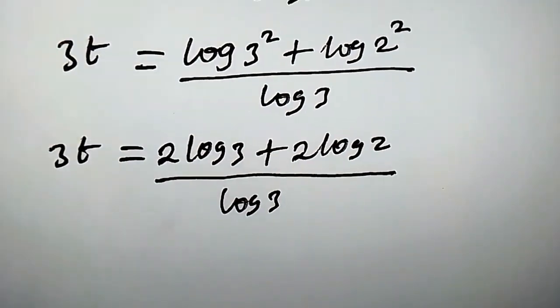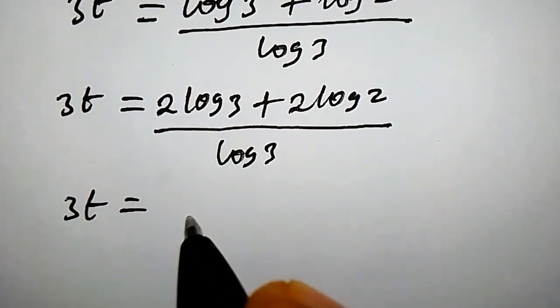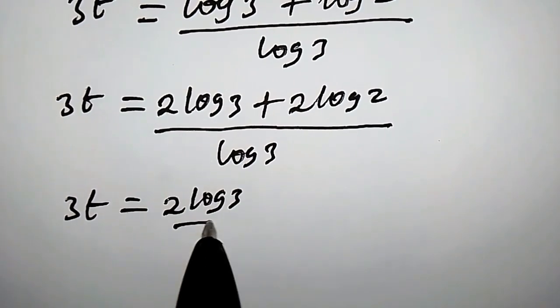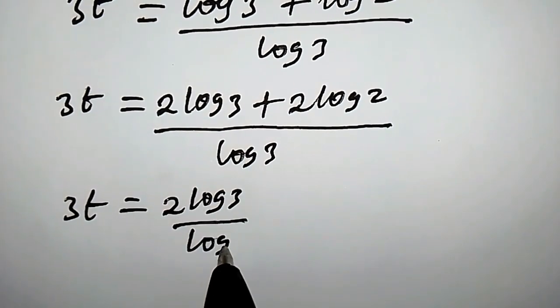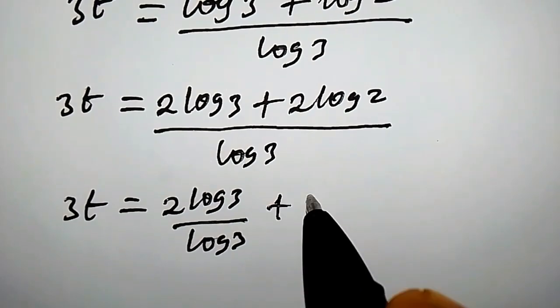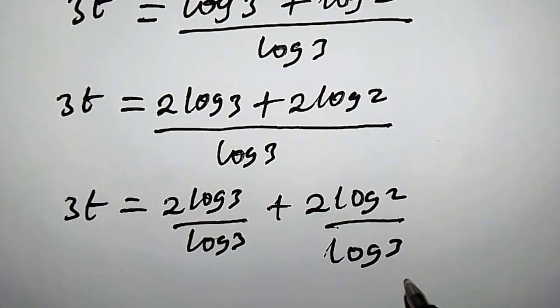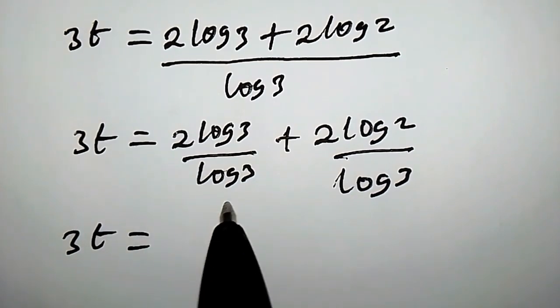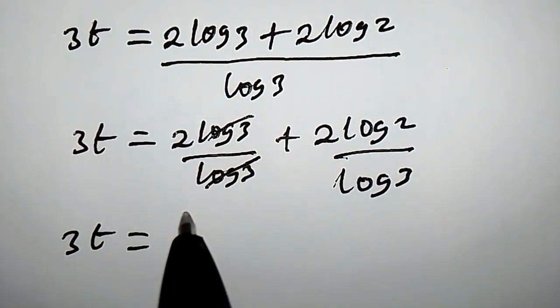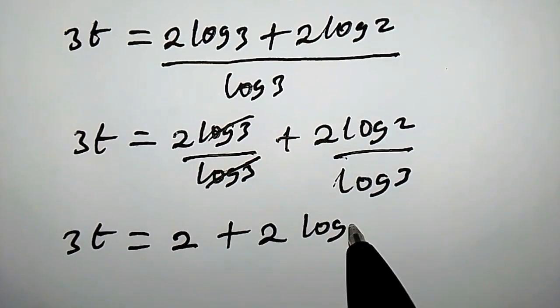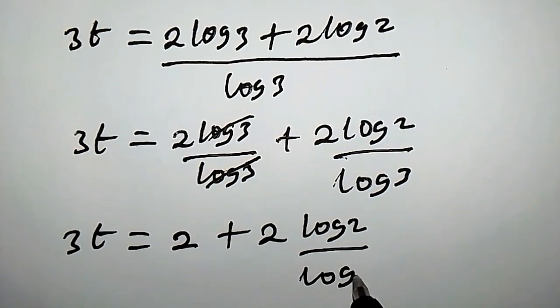Let us continue. 3t is equal to, this right hand side could be written as 2 log 3 divided by log 3 plus 2 log 2 divided by log 3. 3t is equal to, log 3 cancels log 3, we are left with 2 plus 2 log 2 divided by log 3.